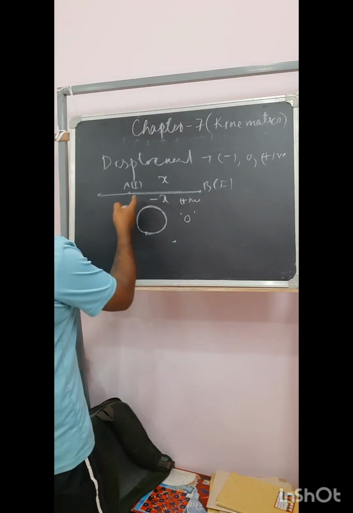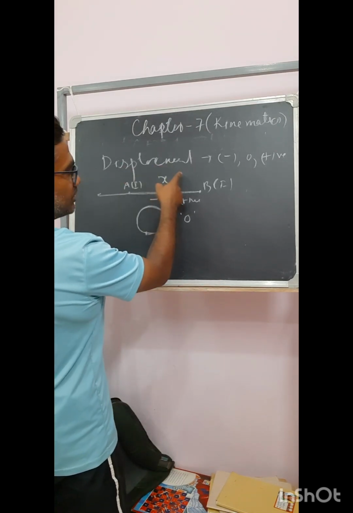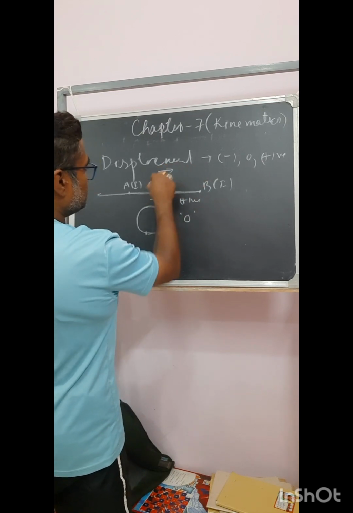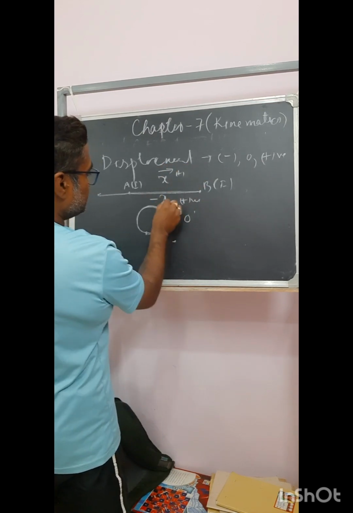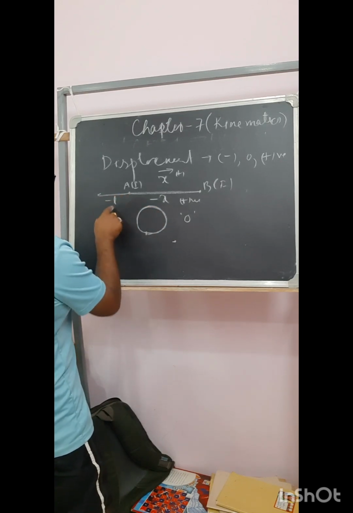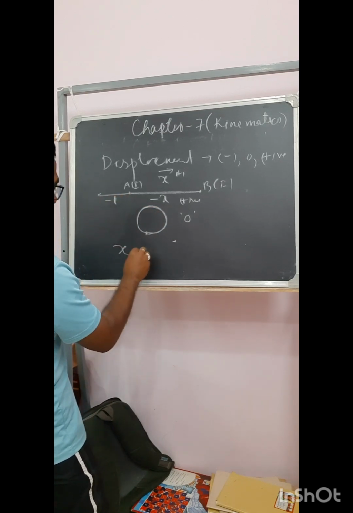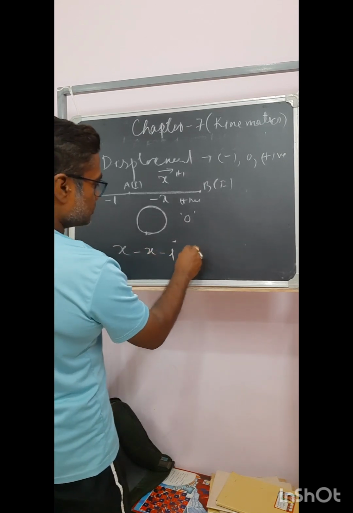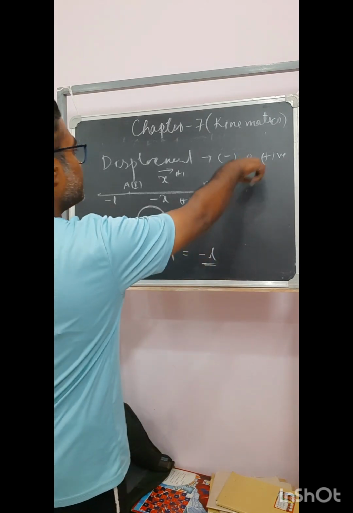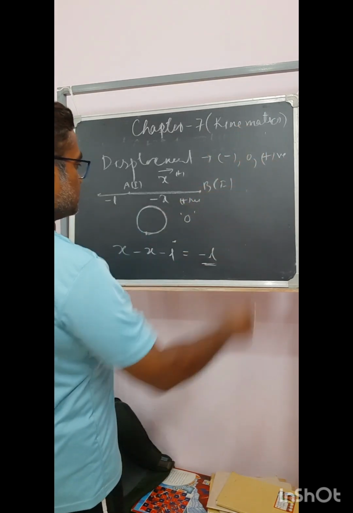I'm talking about displacement. Because displacement is a vector quantity, it needs to have direction. So if this way is positive, this way must be negative, and going further, let's say this L, it will be negative. So my ultimate equation will be this one, and in this case the displacement is negative. So displacement can be negative, zero or positive.